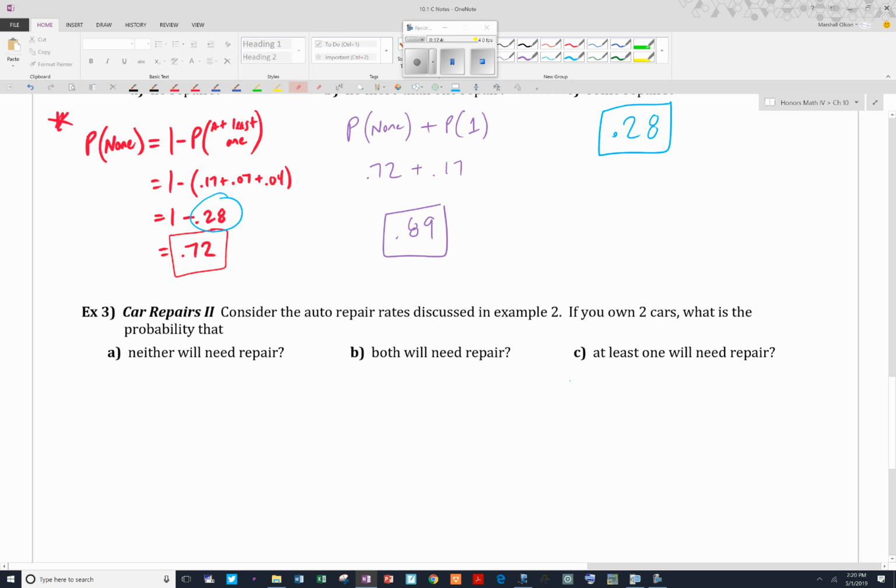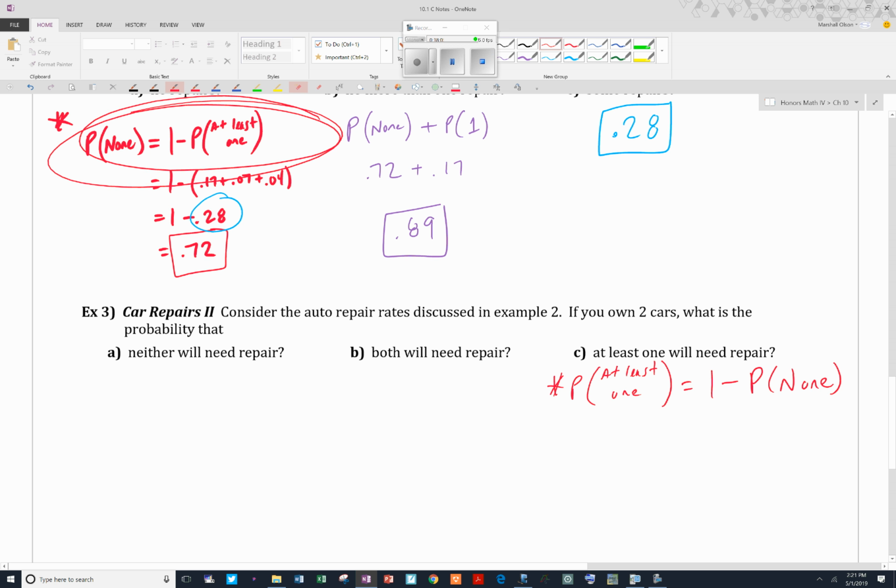What I'm going to have you write right here is related to that concept we talked about before, that the probability of at least 1 is the complement to probability of none. It's actually the same equation as we wrote up there, just solved for the other probability. We'll come back to that one in a second. I just wanted to connect those two things.